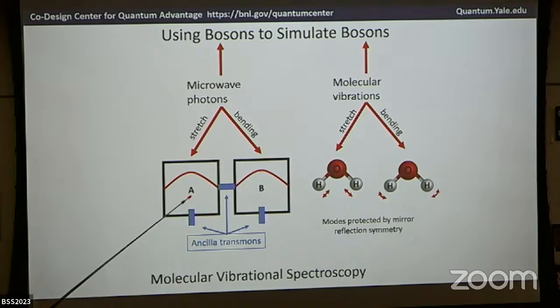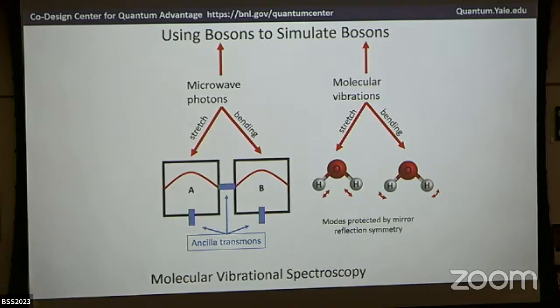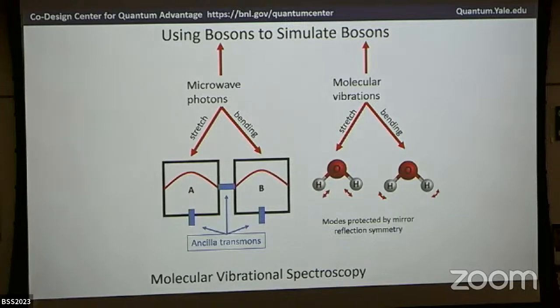We're going to simulate them, representing them by quanta of photons in the two different cavities, the stretch cavity and the bending cavity. And we're going to execute the unitary transformation from the old Hamiltonian basis to the new Hamiltonian basis and produce all kinds of photons in here, which represent the phonons that are produced in the molecule. Then we're going to sample from that distribution.